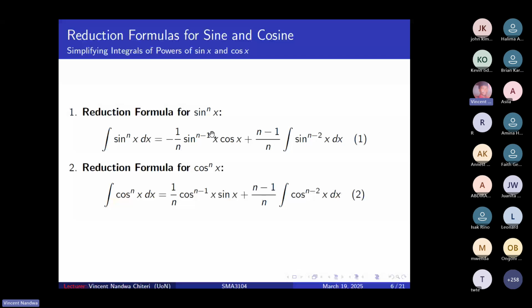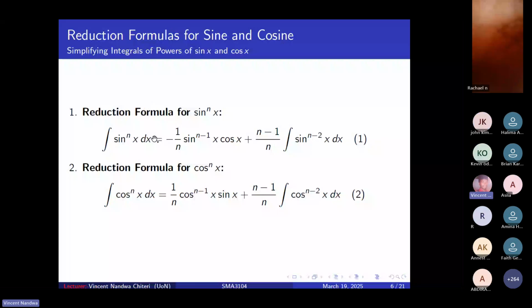So when we have to integrate sine power 4 x, the first step in this reduction formula is where n is replaced by 4. When you replace n by 4, the first step gives us -1 over 4 sine power 3 x cos x plus 3 over 4 integral of sine squared x dx. So that is step 1, applying the first equation of the reduction formula for sine power n x.